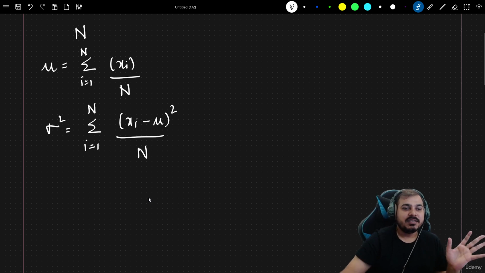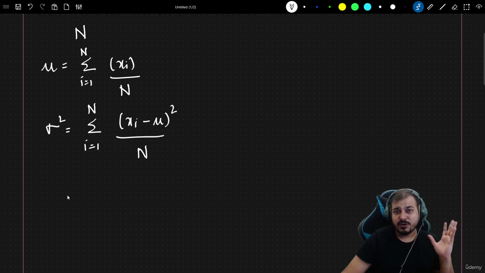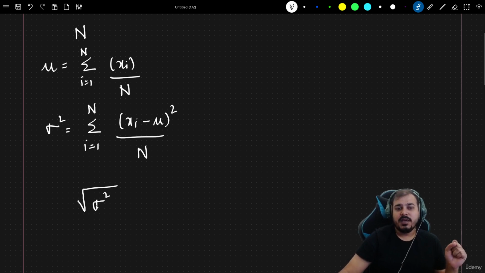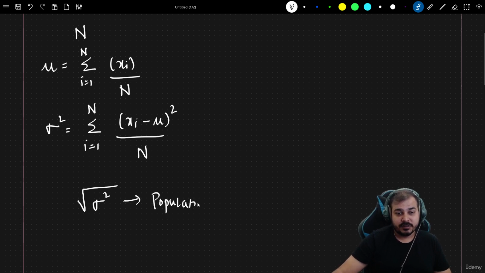If you want to calculate standard deviation, you just have to find the root of sigma square. That means it is the square root of the population variance, which helps you calculate the population standard deviation.